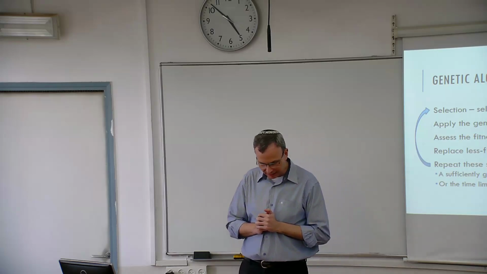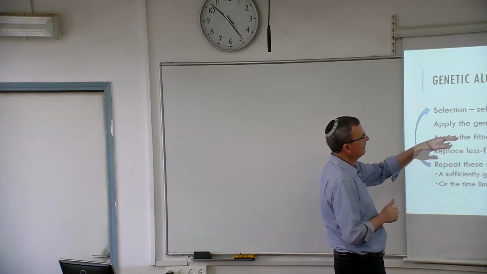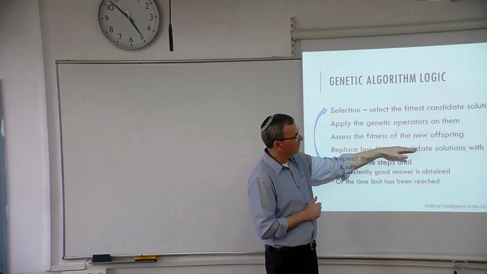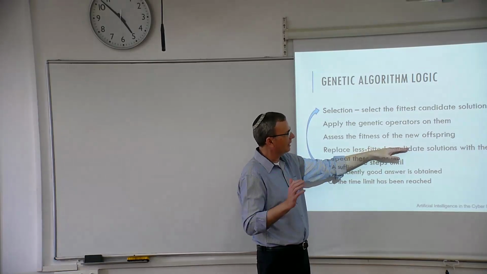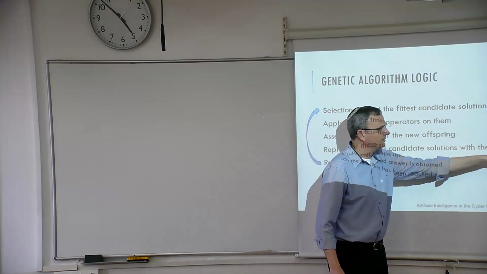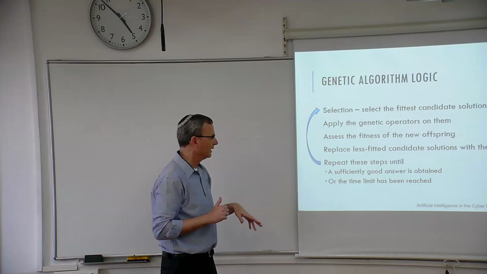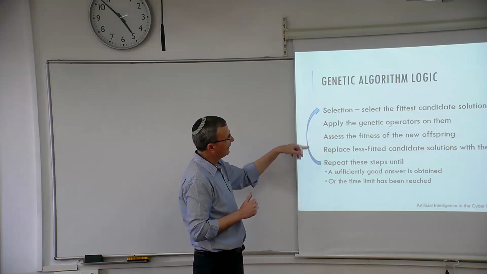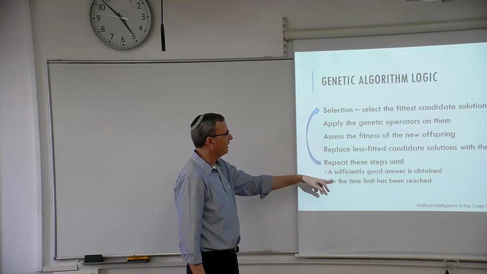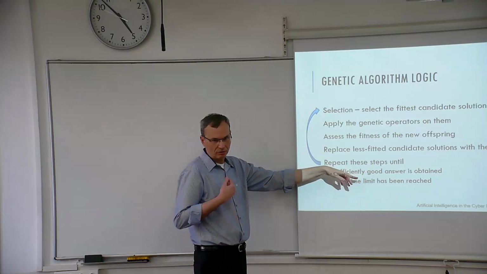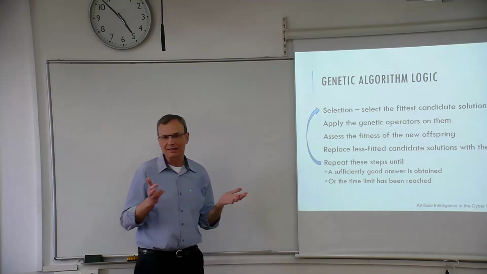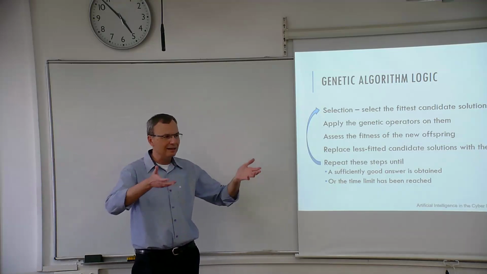Then I'm going to assess the fitness of the new offspring, because if I cross them, I get offspring. The less fit candidate solutions from my generation I'm going to throw out, and I'm going to take the fittest offspring and replace them. And I'm going to repeat these steps again and again from generation to generation until I find a sufficiently good answer for my question, or run out of time. I said, let's run it for 7 days, and at the end, let's take the best one.